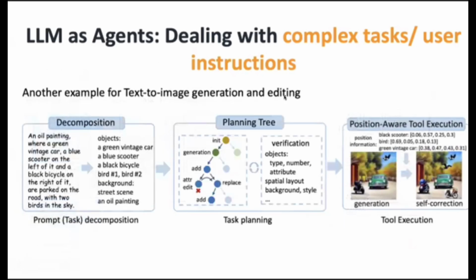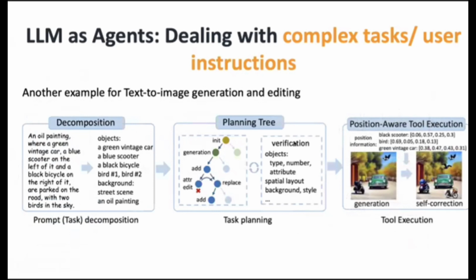And another example is for text-to-image generation and editing. Like we give a complex prompt, and we can firstly decompose the input prompt into different objects, and then we do the task planning and output a task tree.